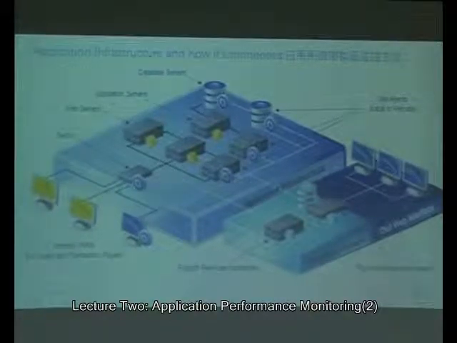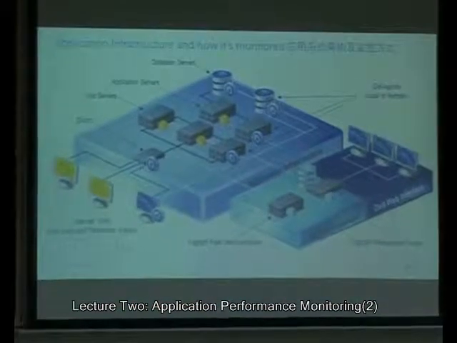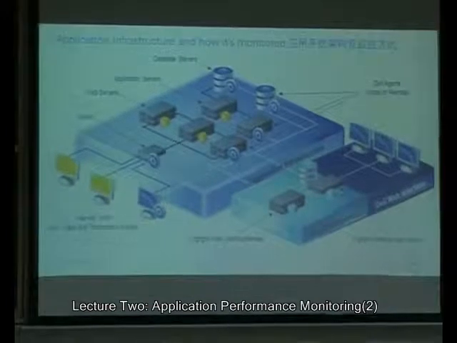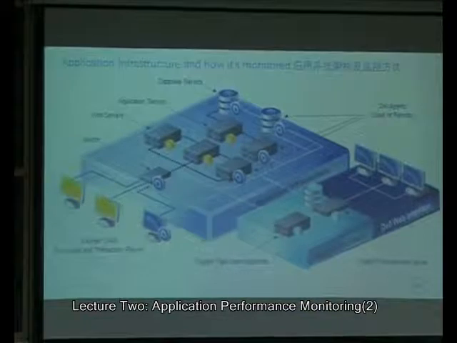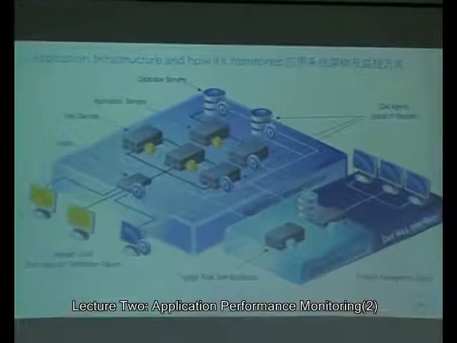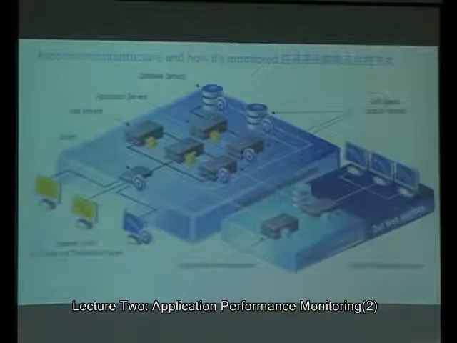We put an agent, we install extra software on the different pieces in the infrastructure, and then that feeds back to our management server. And then you use the management server with your user interface. So here are your users. Users are using this side. They're coming into the network. You're monitoring all the pieces. And we put the pieces together to build the metrics, build the models, and do the monitoring.